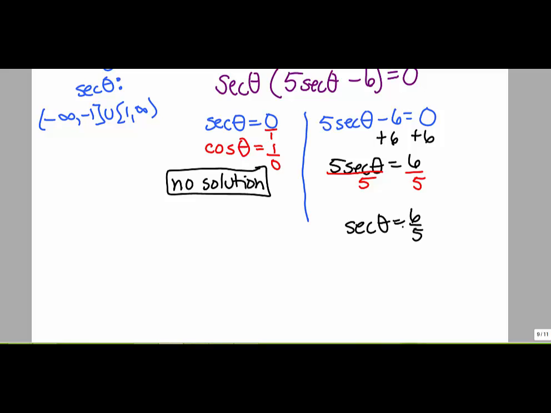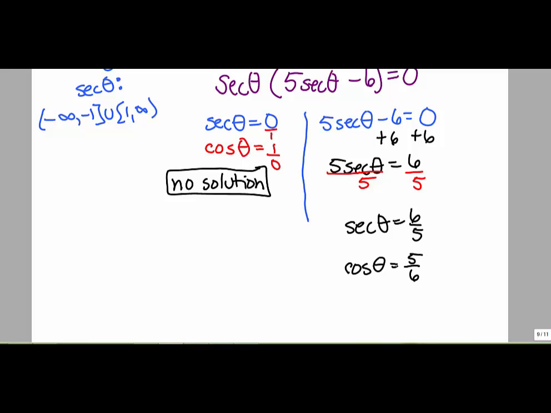Secant theta equals 6 over 5. Not a value for secant that I'm familiar with. So let's change it to be cosine and see if that looks more familiar. So the same angle that has a secant value of 6 over 5 would have a cosine value of 5 over 6.